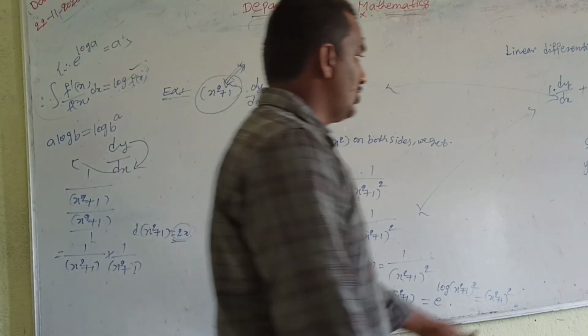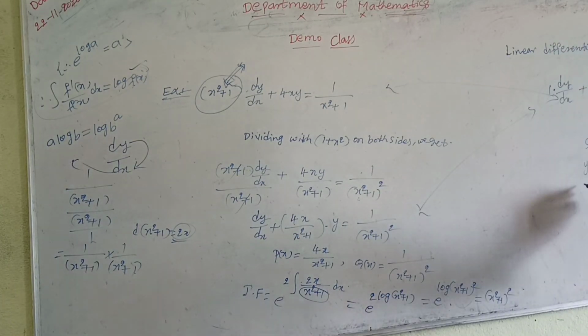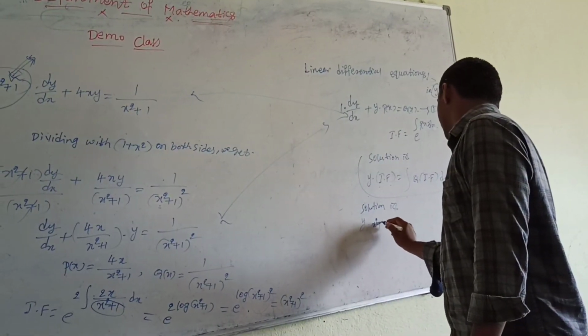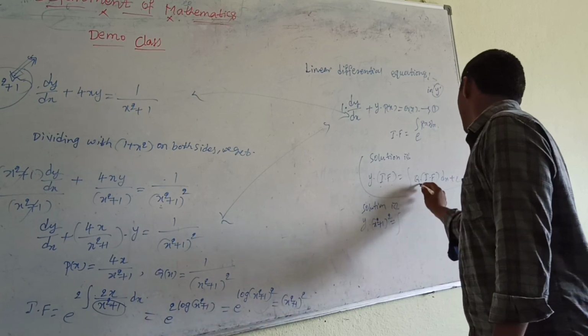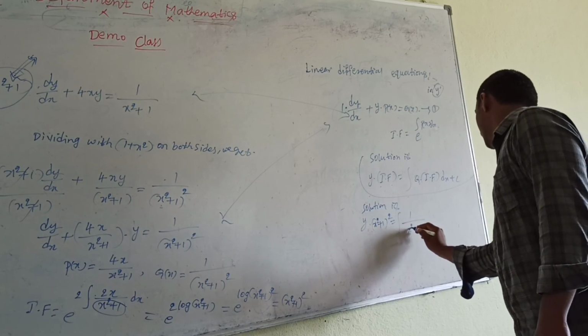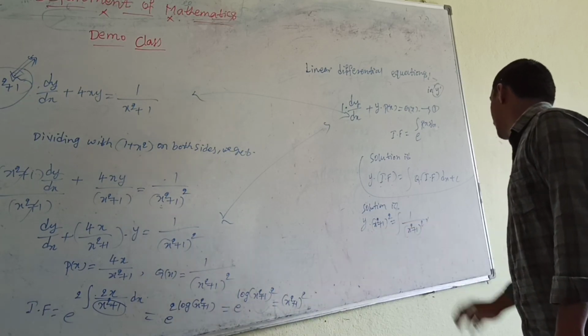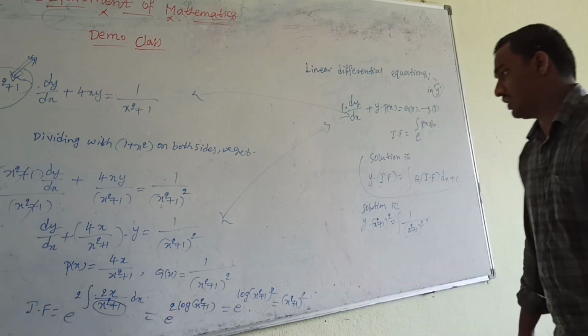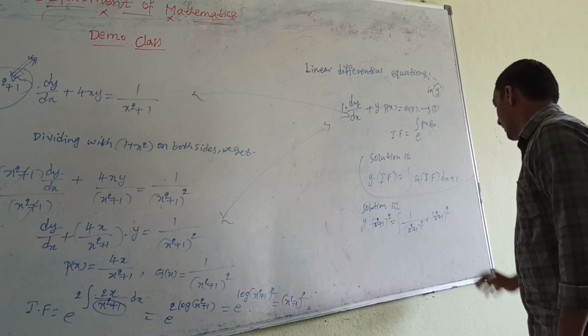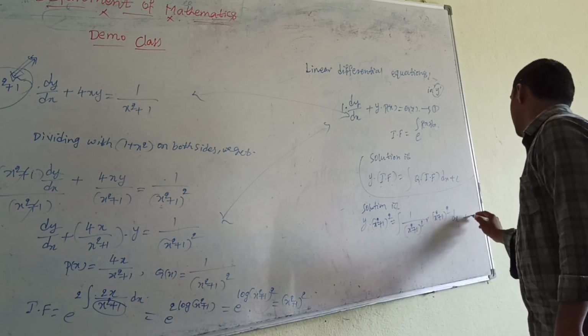Now I am going to find the solution. Here y into the integrating factor, that is x square plus 1 whole square, is equal to the integral of Q(x), that is 1 by x square plus 1 whole square, into the integrating factor x square plus 1 whole square, dx plus c.